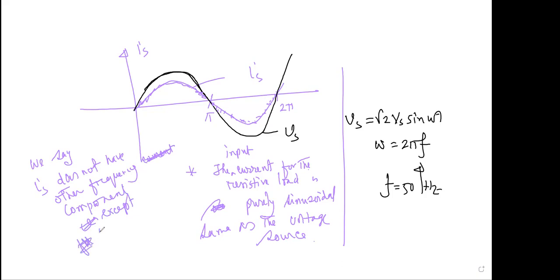I'm just introducing this term, fundamental frequency. You must know the term fundamental frequency of 50 hertz, right? We have only the one frequency, the fundamental frequency, the frequency that has come from the source. So no other frequency means no other harmonics.